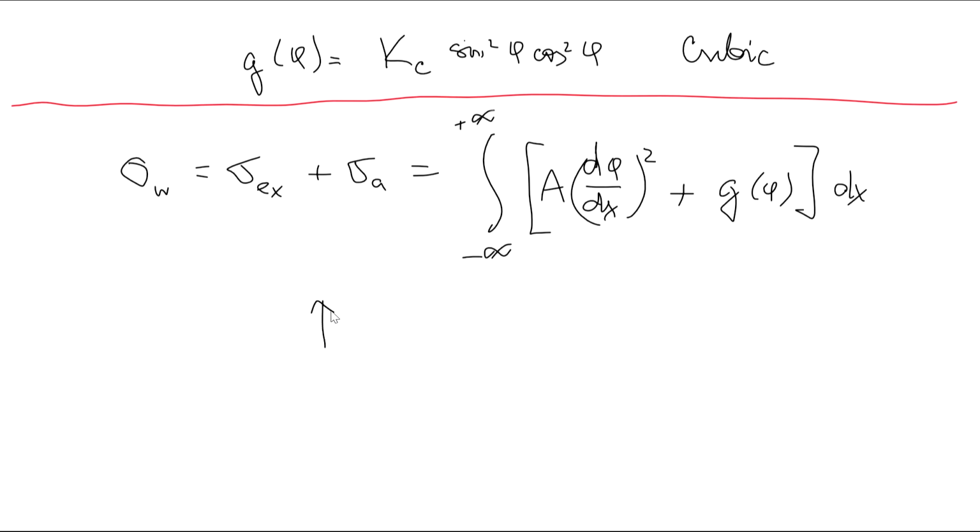If you have a domain wall going from one spin to another, then we integrate this energy in this direction. We integrate it because here is the angular dependence of the exchange interaction and here is the angular dependence of the anisotropy. So now energy can be related to torques.